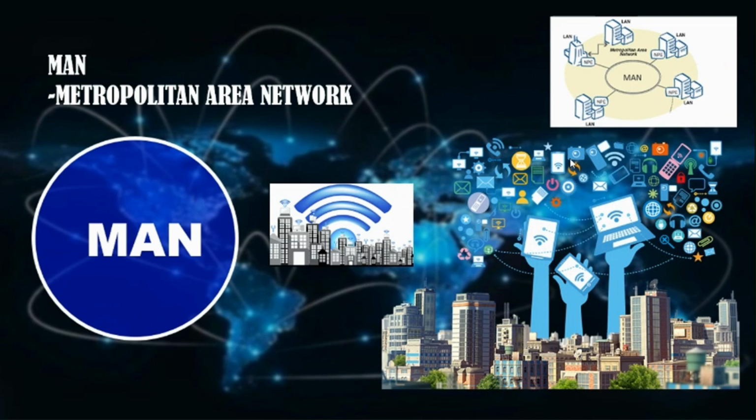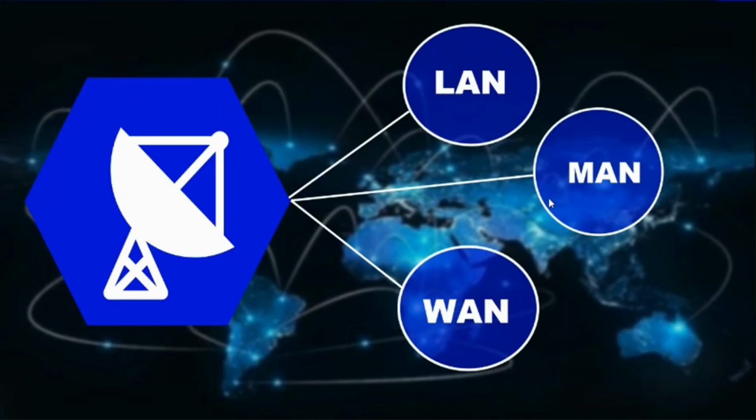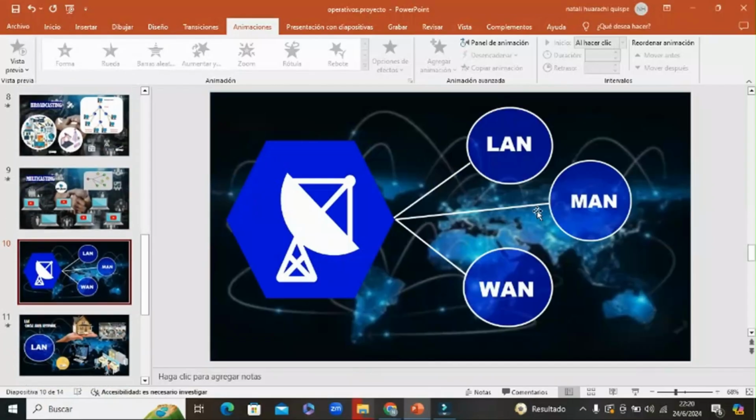They have fairly high throughput levels and are managed by a pool of common users and a regional network provider. In addition, they are the connection point between LAN networks and WAN networks.